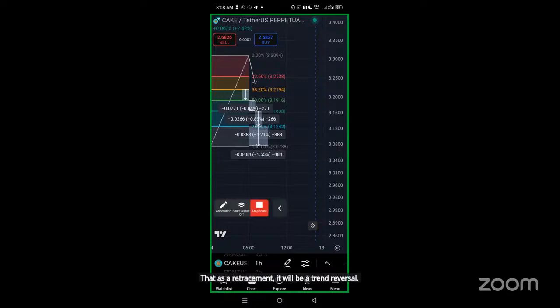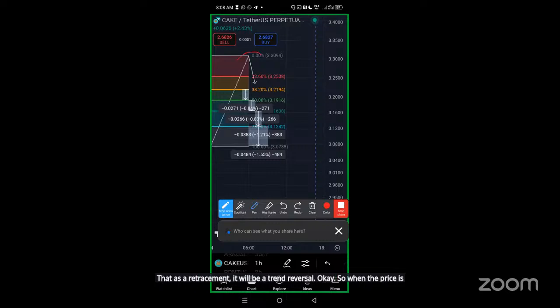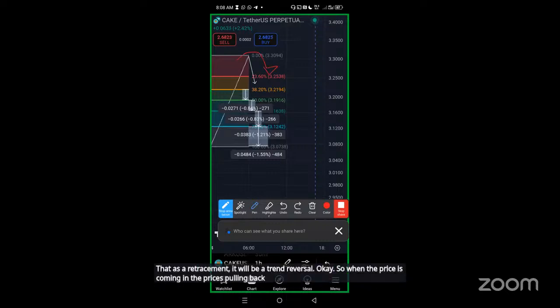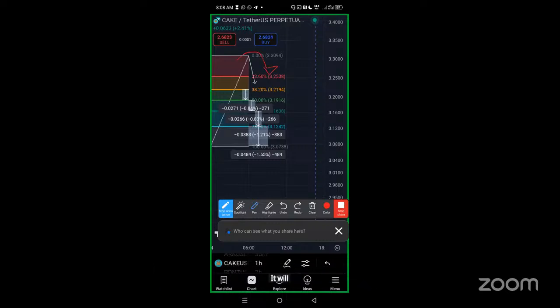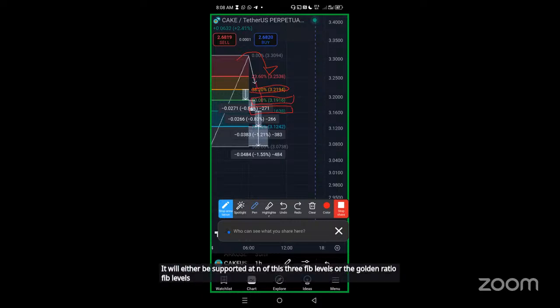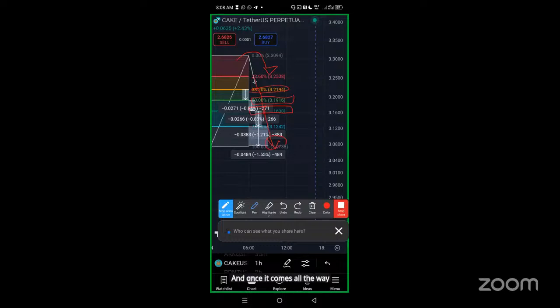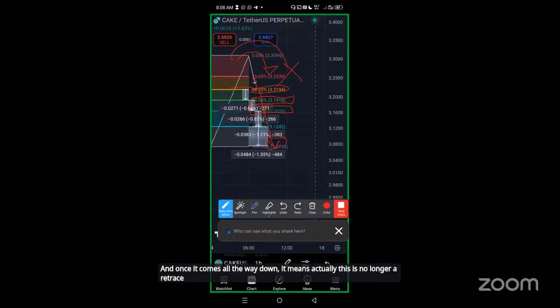So when the price is pulling back in this manner, it will either be supported at any of these three fib levels or the golden ratio fib levels, or if it continues to dip, depending on the situation of the market, it can decide to just come all the way down. And once it comes all the way down, it means actually this is no longer a retracement. It is a trend reversal to the downside.